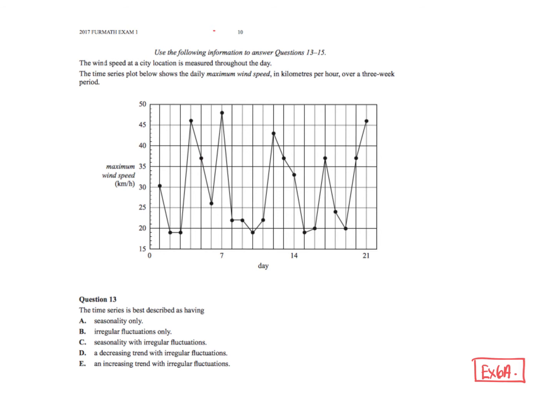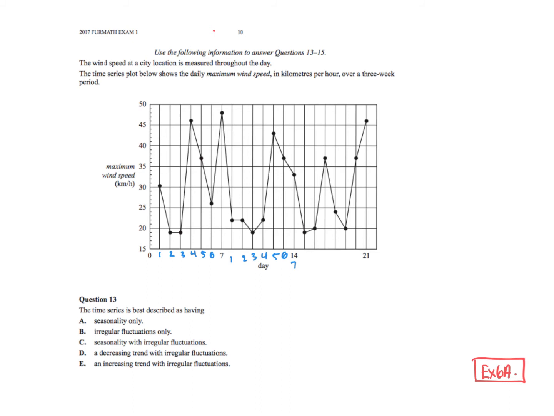So we could see seasonality, but if you have a look, you go 1, 2, 3, 4, 5, 6, 7, and we saw a drop between 2 and 3. If I was doing the next 7 and I go 1, 2, 3, 4, 5, 6, 7, see how it may look like it's dropping in the same spot, but it's not, is it?